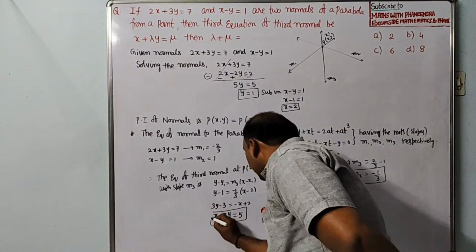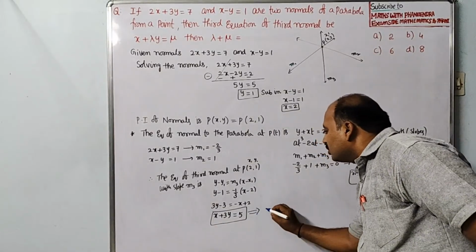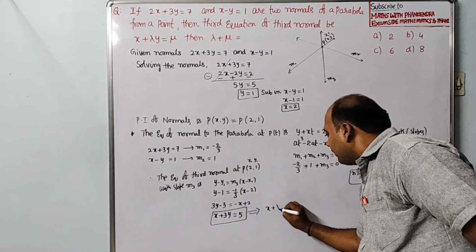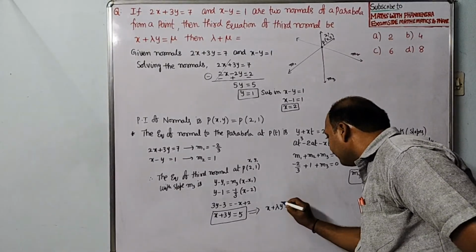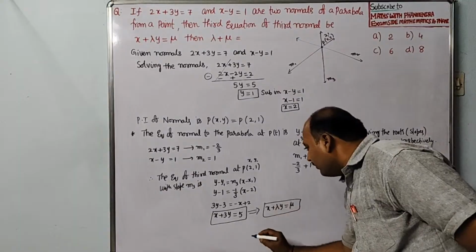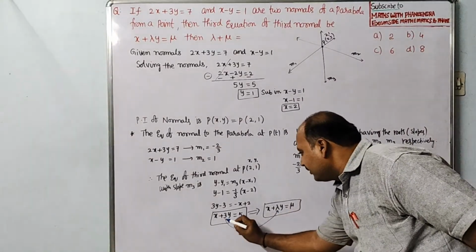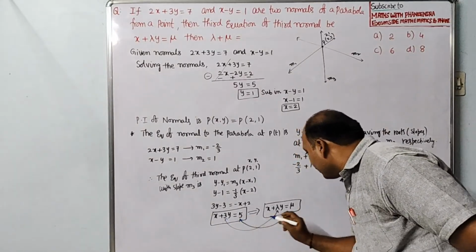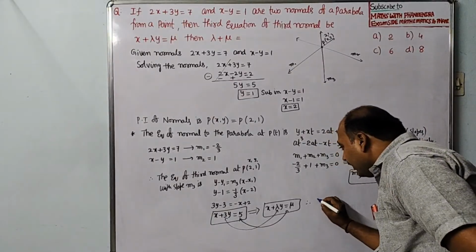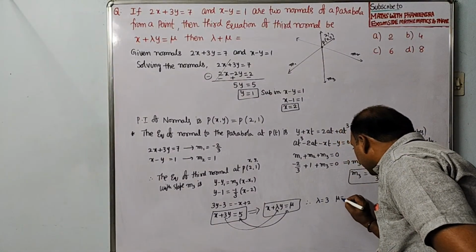This equation you have to compare with the given equation x plus lambda y is equal to mu. By comparing, lambda value is 3 and mu value is 5.